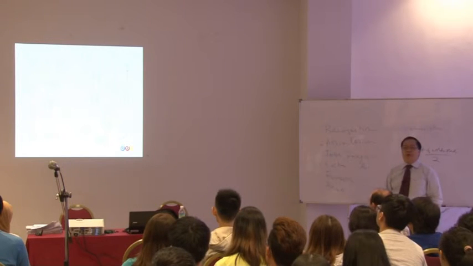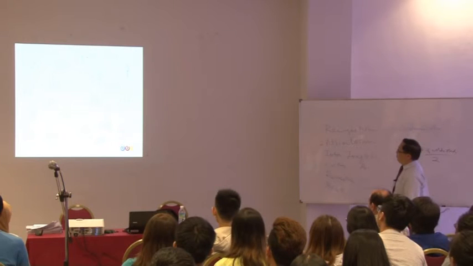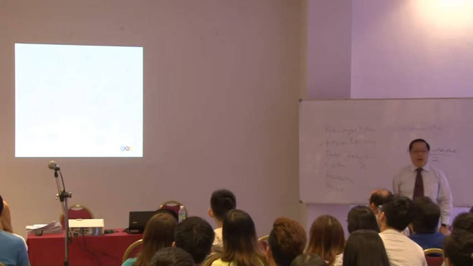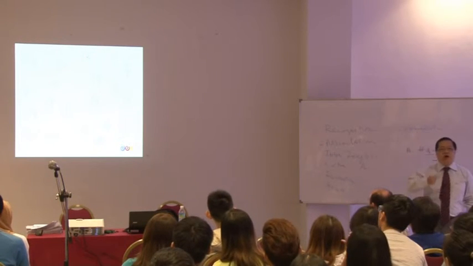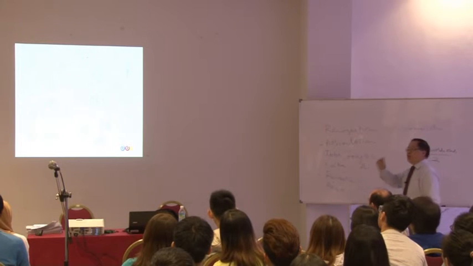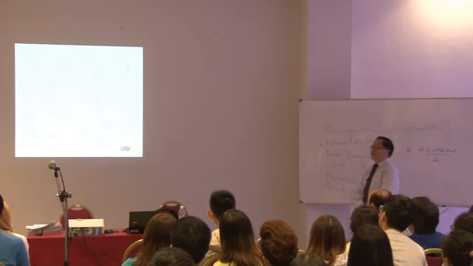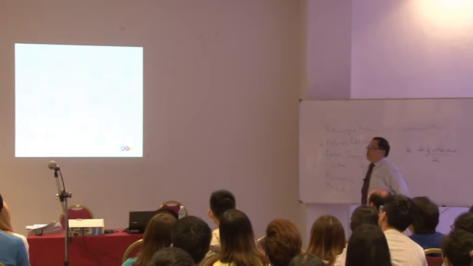What are you looking for? Numbers 1 to 20, but I want you to go in order: 1, 2, 3, 4, 5. Can you find them? You find them at your own speed.